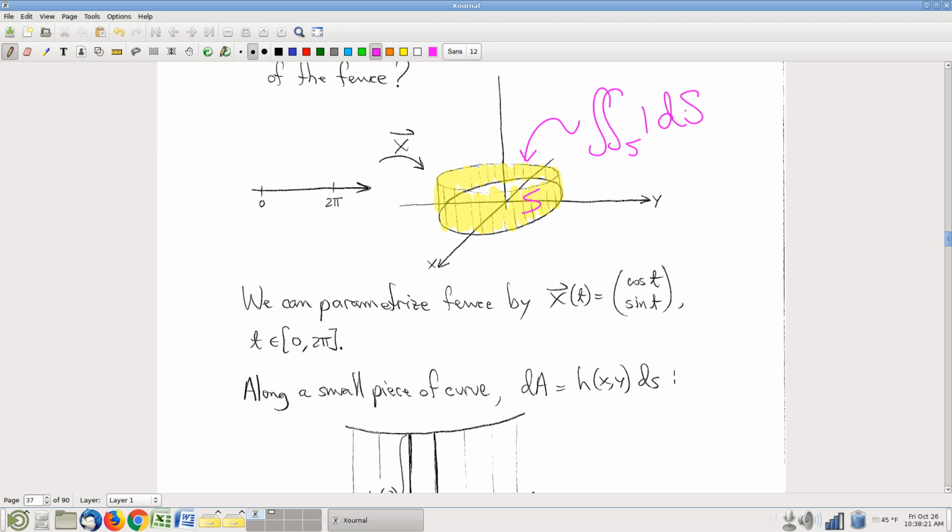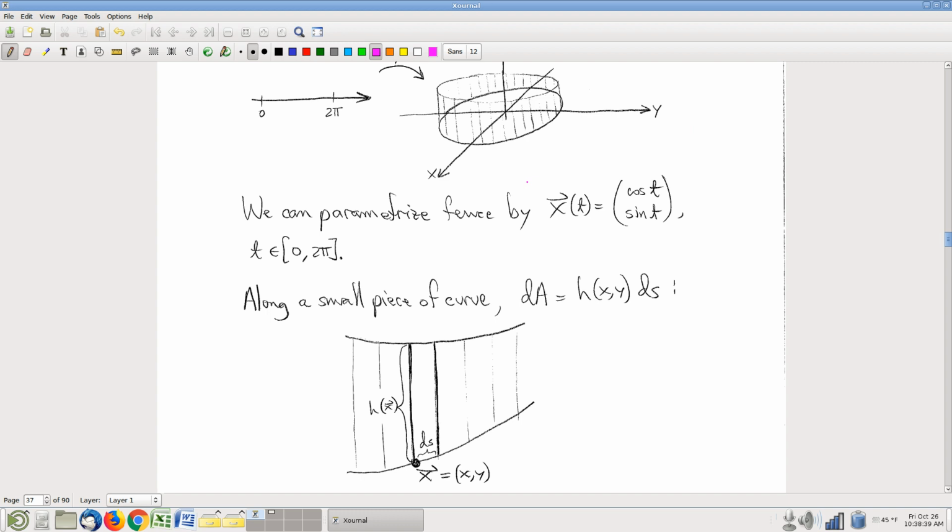And then I'd have to parameterize that surface. Which, I mean, you can do that, but it's going to be harder because it's a weird surface. This isn't a graph, so I can't use the graph parameterization. It's not going to be a convenient way to go about it. We're just taking a different point of view on this. We're taking the point of view that instead of thinking of adding up a bunch of areas over the surface, we're thinking of over the curve.